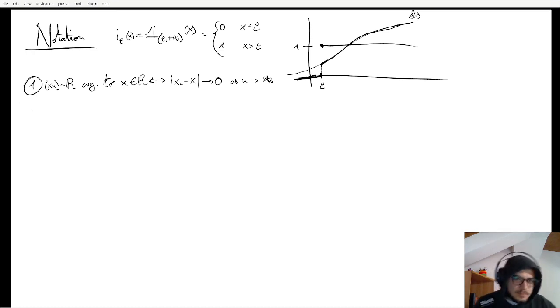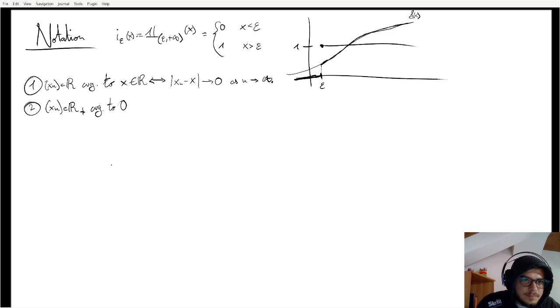The second remark is that a sequence xn of real numbers which are positive converges to zero if and only if for any epsilon greater than 0 there exists a k such that xn is less than epsilon for any n greater than k.